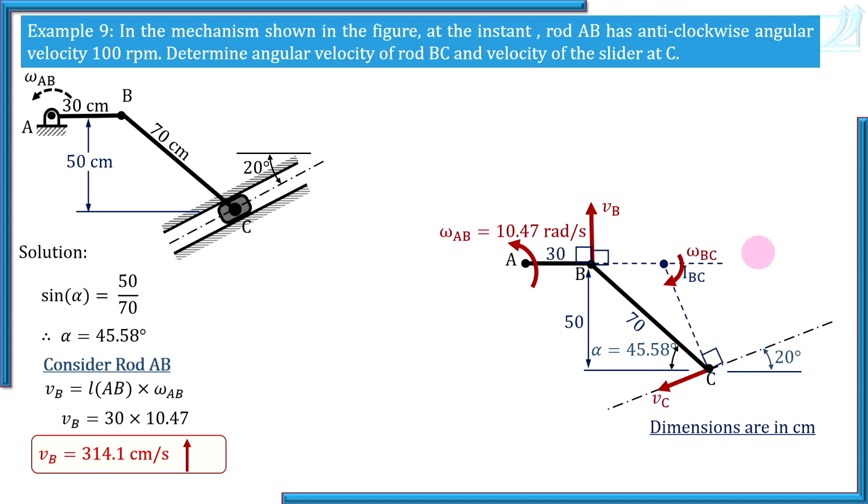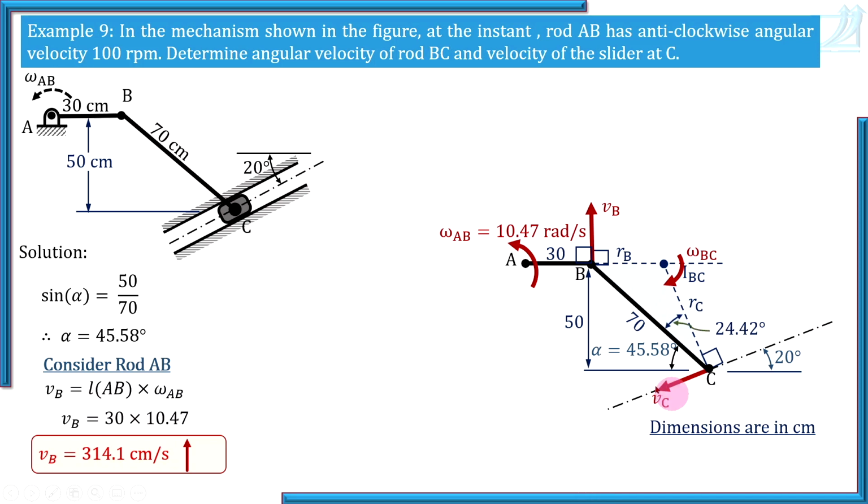Okay, let's proceed. Now distance of B from center of rotation is RB. Distance of C from center of rotation is RC. Which triangle has these two sides? You will be able to focus on that triangle. Now what information you have in this triangle? So its longest side is 70. This angle we know, 24.42 degrees.